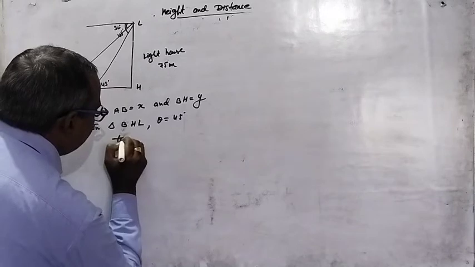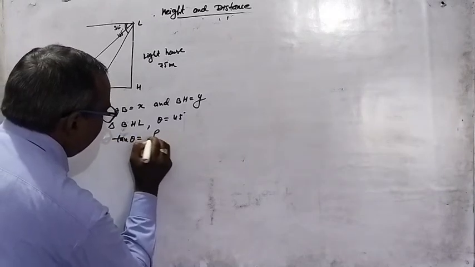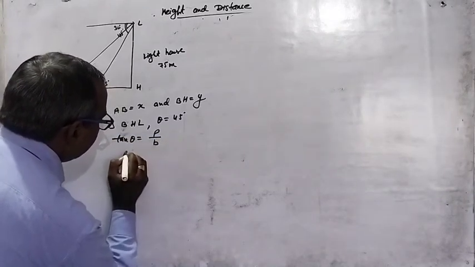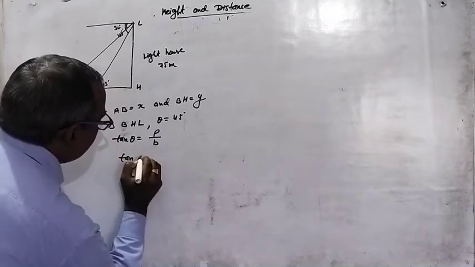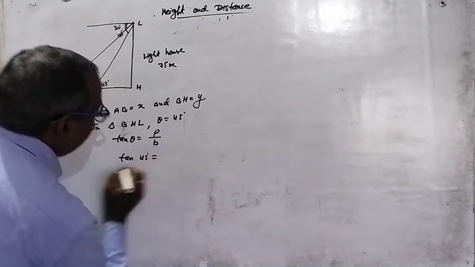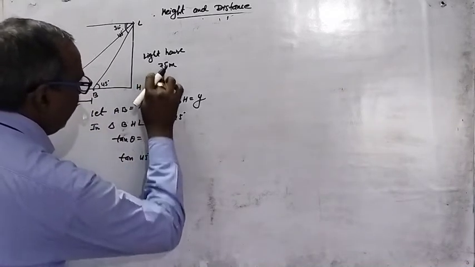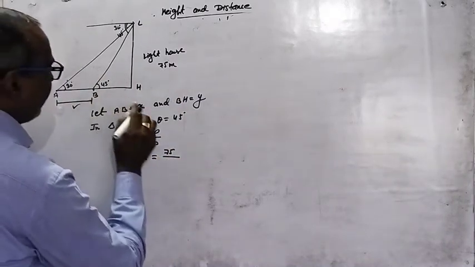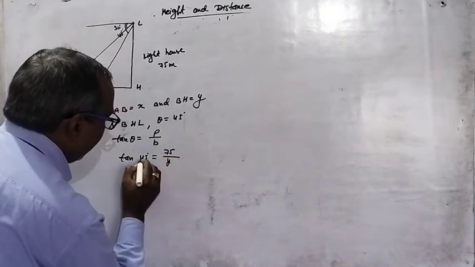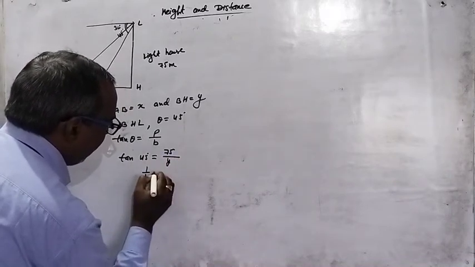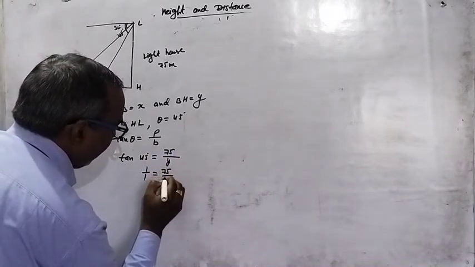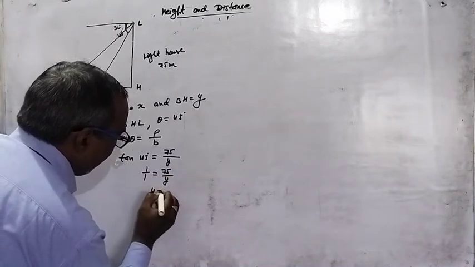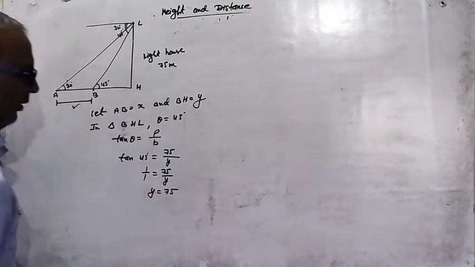So taking tan theta, perpendicular by base, here tan 45, perpendicular is already given 75 and the base is y. Tan 45 equal to 1 equals 75 by y. So y equals 75.